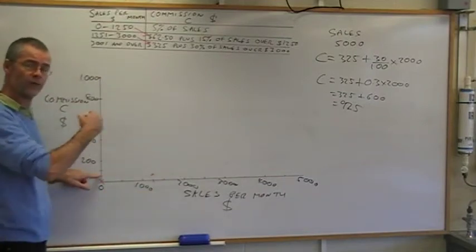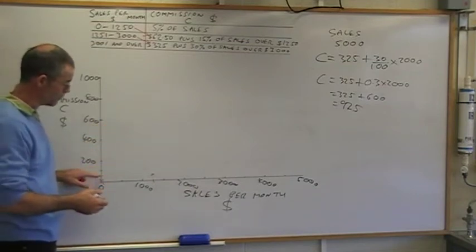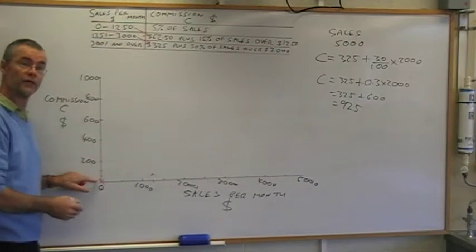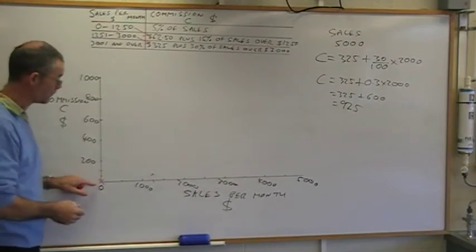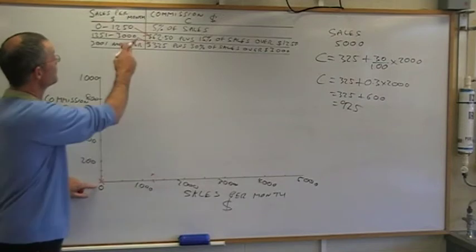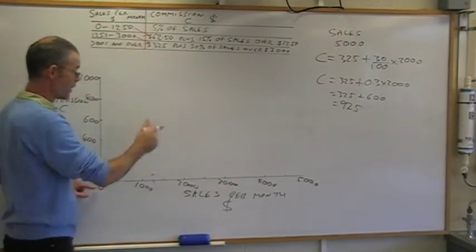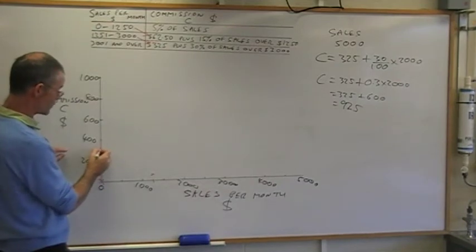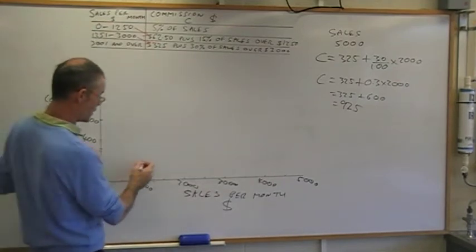If you've got graph paper with lines all over, you'll find that works out neater than mine. I'm just doing this by eye. If you've got graph paper with lines, you'll be able to get a little bit more exact than I am. The next point, at 3000, we have 325. 300 will be there, 325 will be about there.